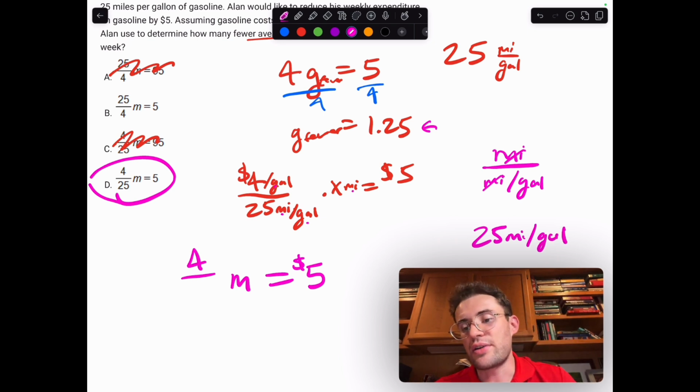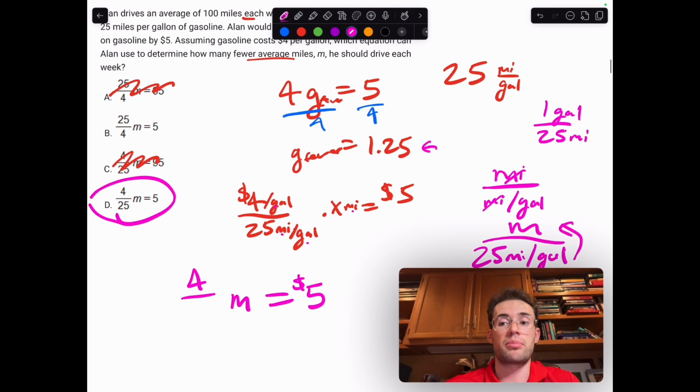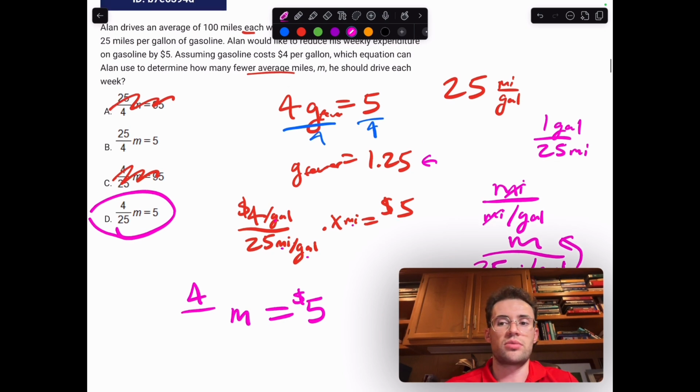So if you put this down in the denominator, it's like you're flipping the gallons up to the top, and then M can be your number of miles. So miles and miles cancel. You can think of it as 1 gallon for every 25 miles. Right, so now we have the gallon. That's the same thing as 25 miles per gallon, 1 gallon per 25 miles.